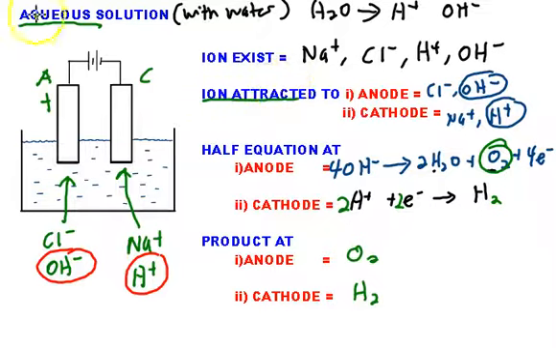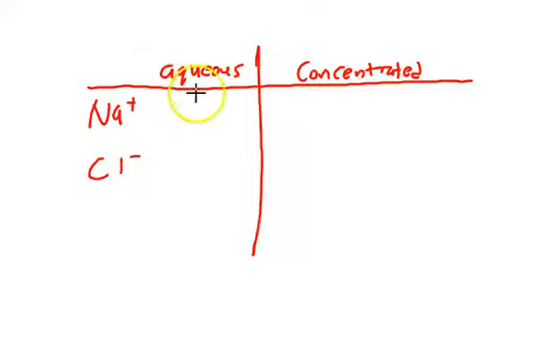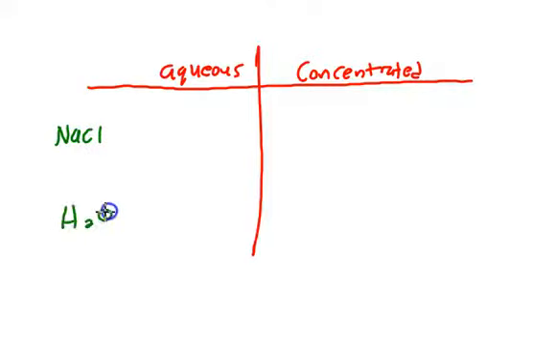Now let us move on with the concentrated solution. What's the difference between an aqueous and a concentrated solution? Let me combine this. You have the main substance and then the water contained.